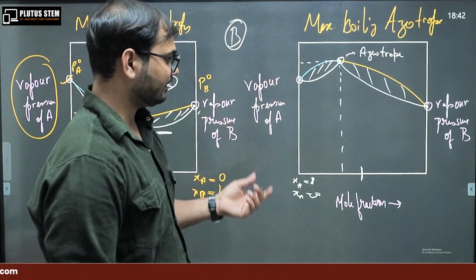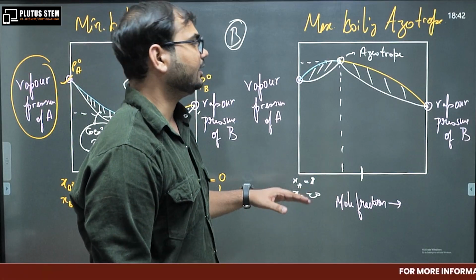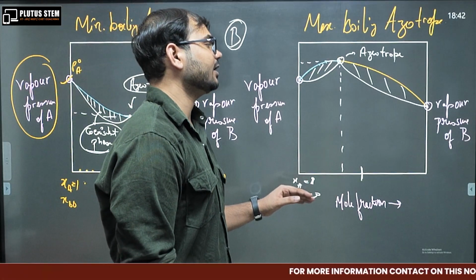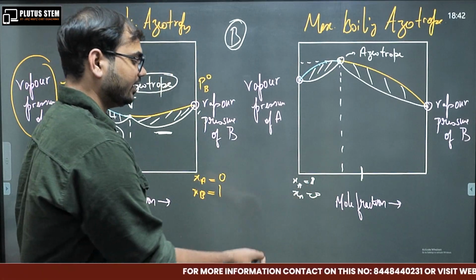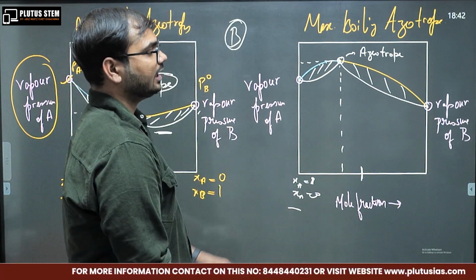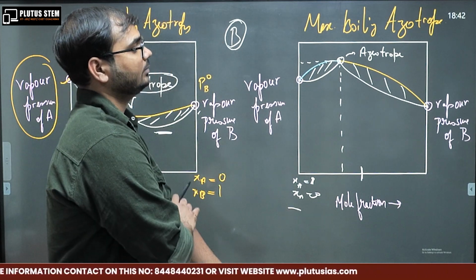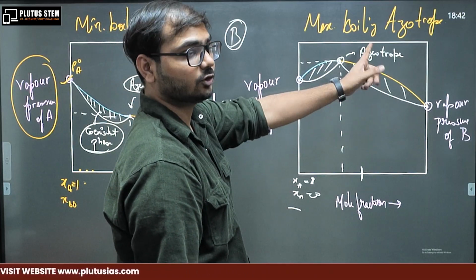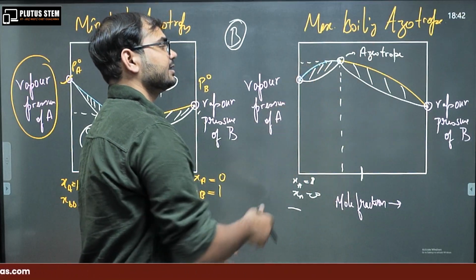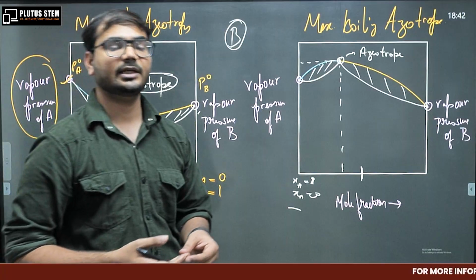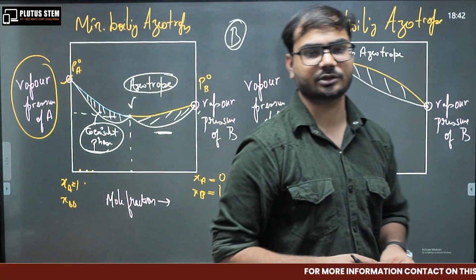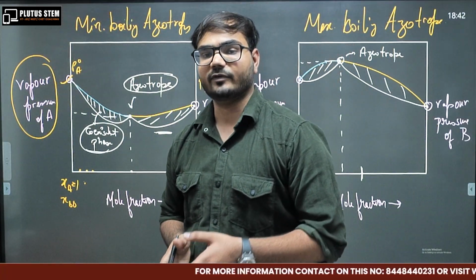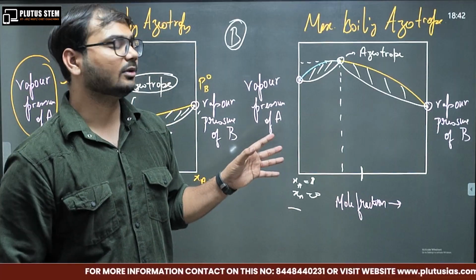So in this case, A constitutes a major part of the azeotropic mixture. When I boil this solution, after a certain interval of time, B will be the first one to evaporate, while A, since it is forming a maximum boiling azeotrope, will try to remain in the solution. You need to provide a higher amount of energy so that you can get a definite amount of vapor out of it.